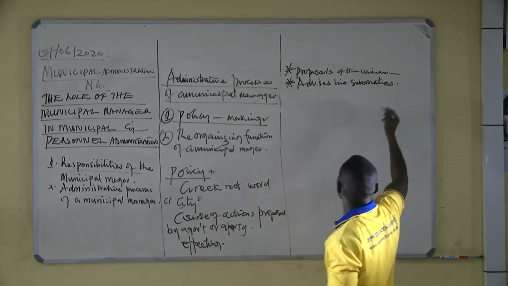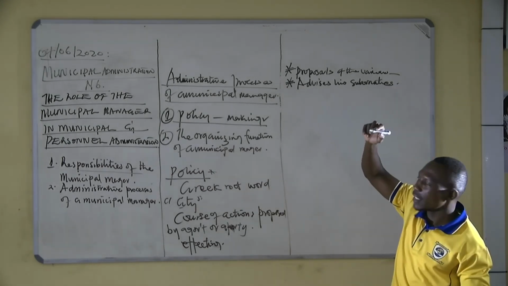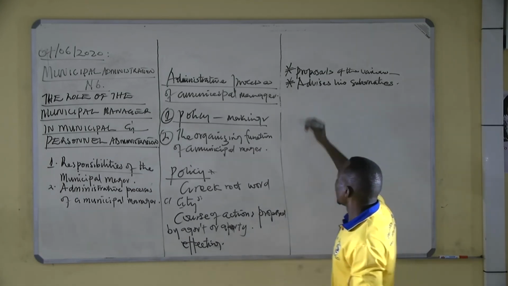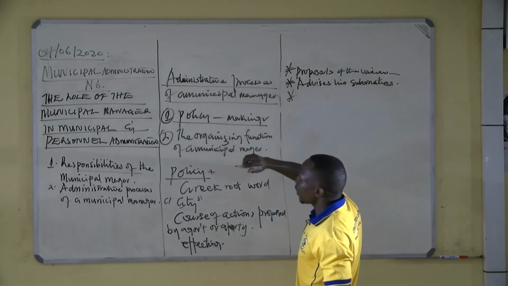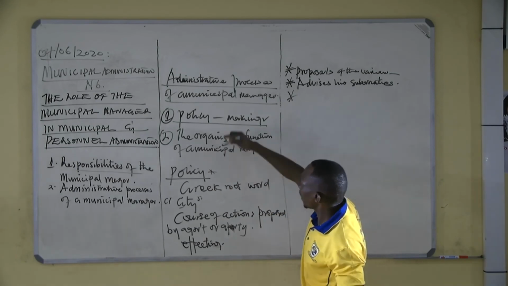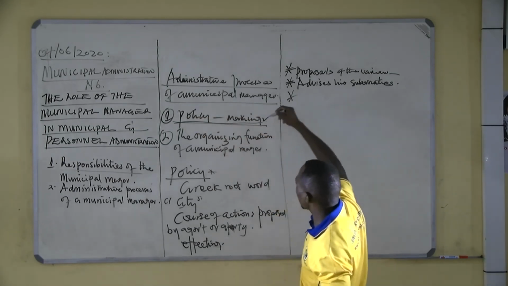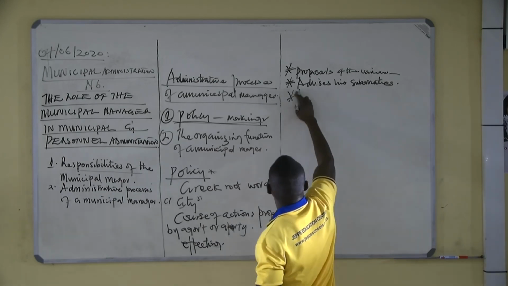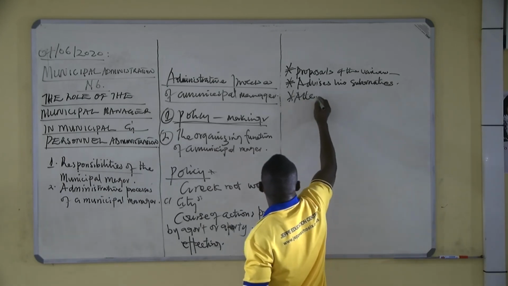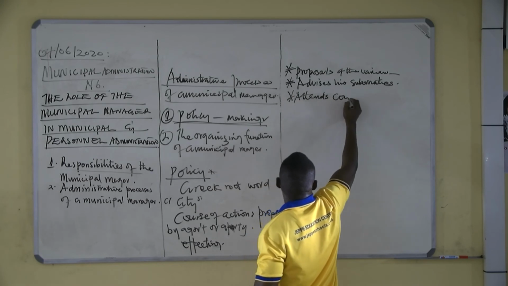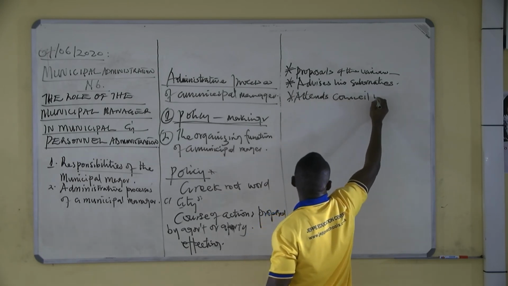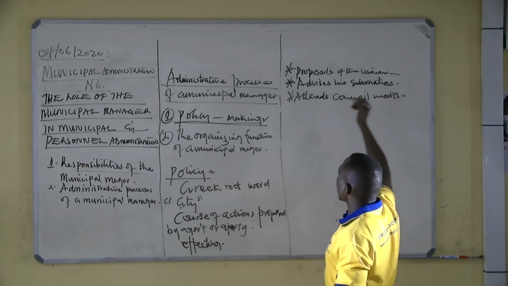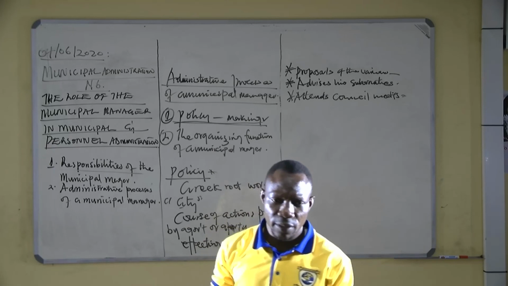How best these subordinates should draft the principal proposals before they are taken to the councillors for further discussions and amendment. And also, this municipal manager, in his way to execute policy making as one of his duties, also attends council meetings.